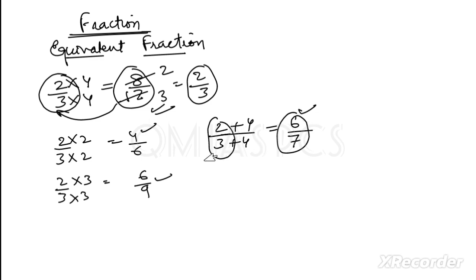This type of equation you will form in numericals, like it is asked in UPSC: there is a fraction and we are adding or subtracting a few numbers, and we get another fraction and you have to solve that. When you are multiplying or dividing by the same number, the answer will remain the same, but if you are adding or subtracting the same number, the answer will be different.